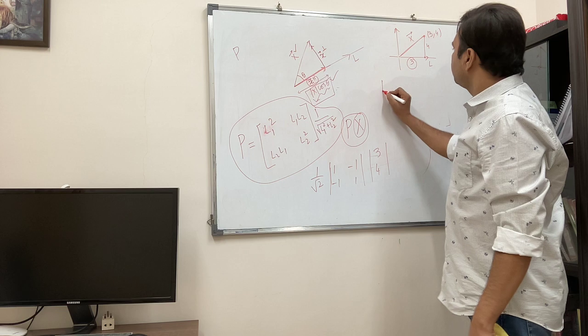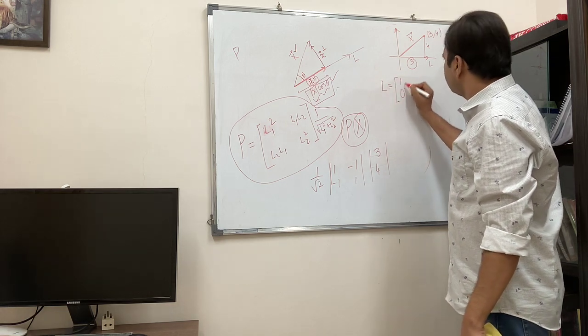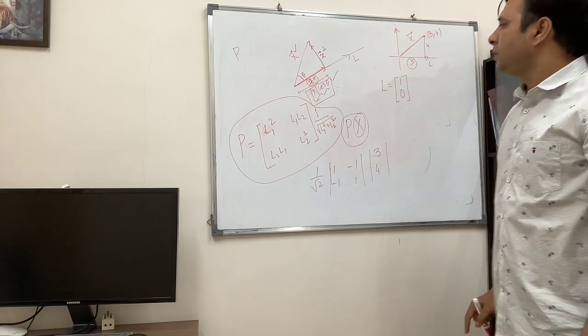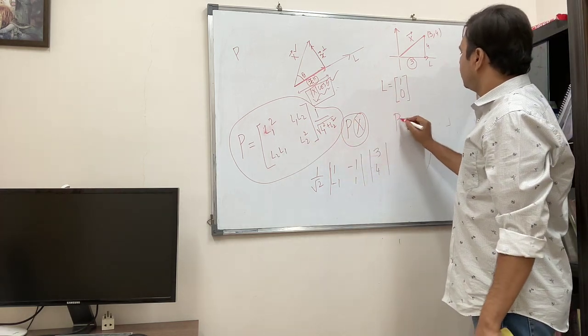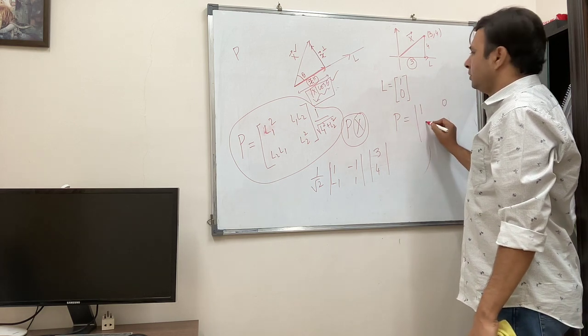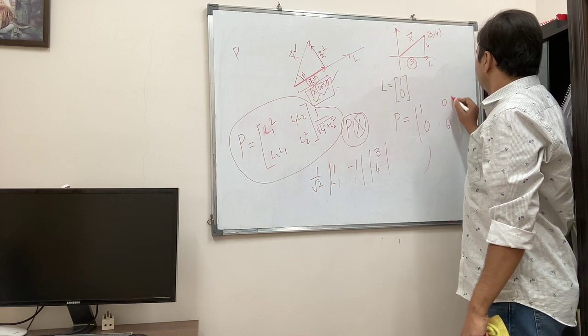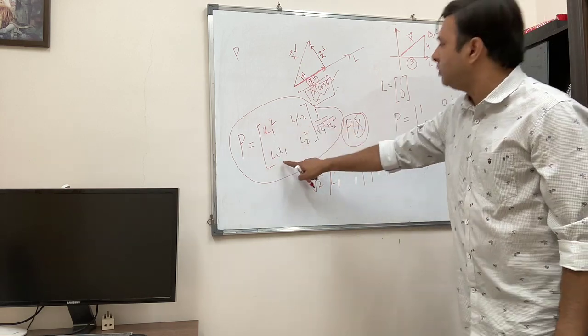So what is my L? L is a unit vector along the x-axis, so it is (1, 0). From this L, if I create my P, this P will be equal to (1, 0; 0, 0). L1 square is 1, L1 L2 is 0, L2 L1 is 0.